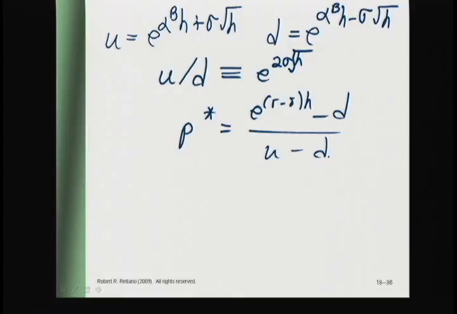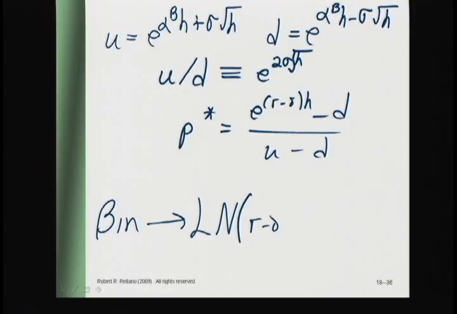What we have is that all the binomial models converge to the same lognormal model. And it's the lognormal model with mean (r minus delta minus a half sigma squared) t and variance sigma squared t.